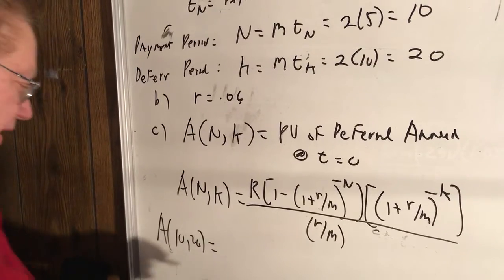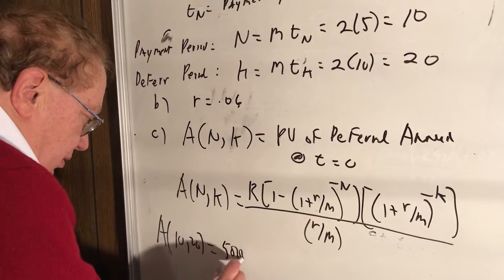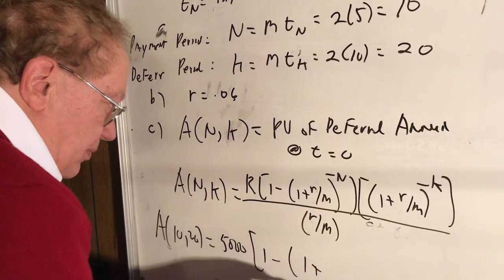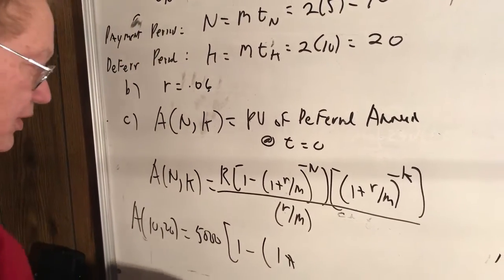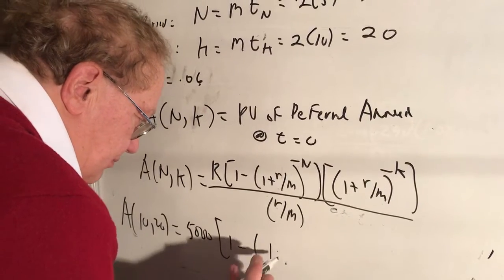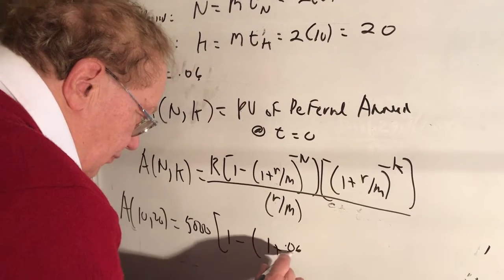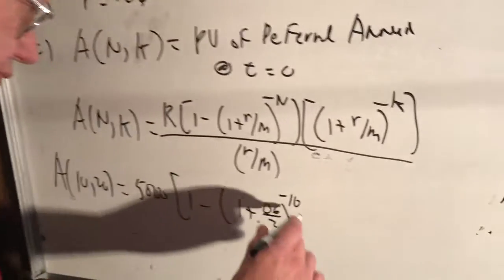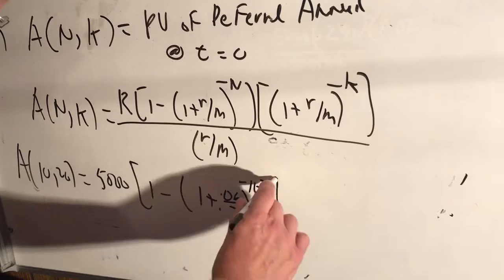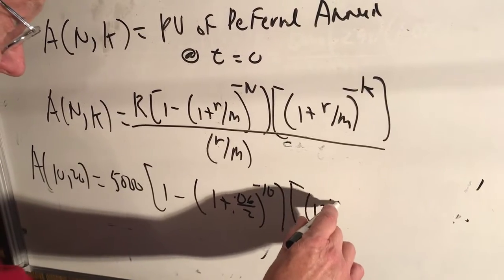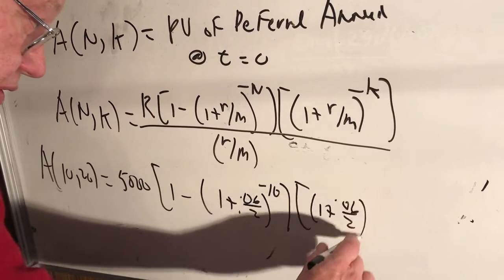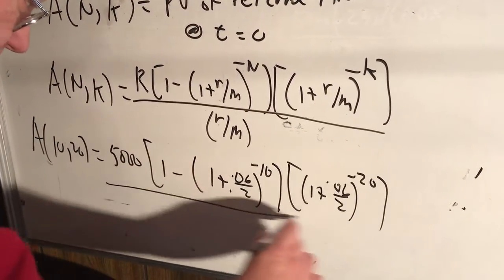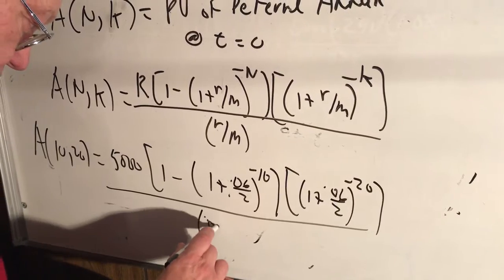There is 5,000. 1 minus (1 plus 0.06 over 2) raised to the minus 10, right? Times (1 plus 0.06 over 2) raised to the minus 20. And that's divided by 0.06 over 2.